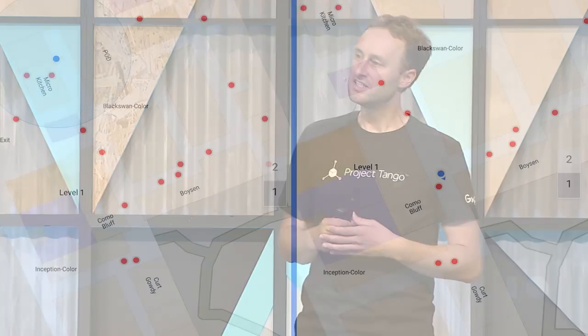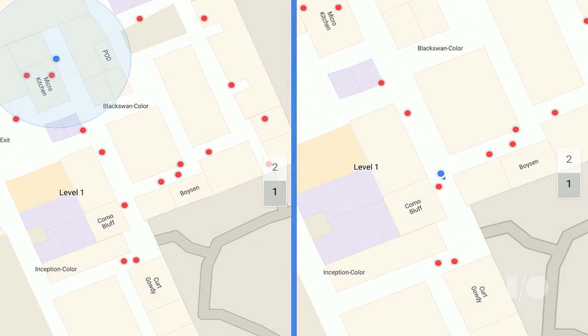Let's look a little bit at future applications. Imagine you're visiting a mall, and you're trying to figure out where you are in that mall. You pop out your phone, start up Google Maps, and you see something like the image on the left. You get a really nice floor plan of the mall, and then you see a big blue circle that tells you you're somewhere here, but we don't quite know exactly where.